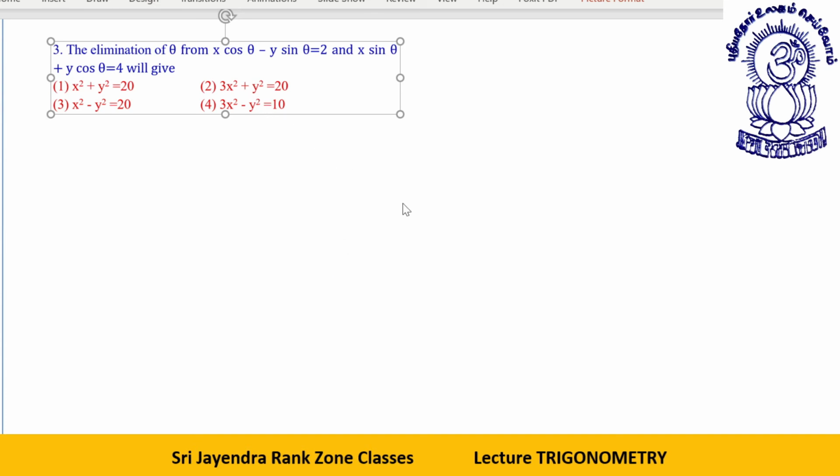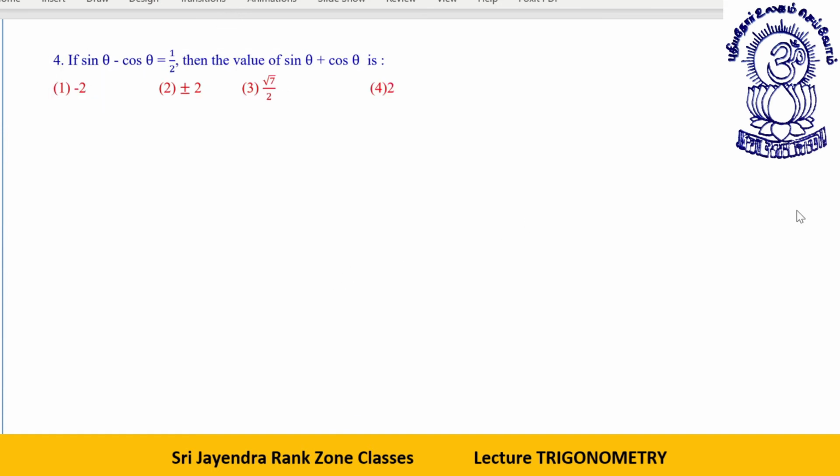We have done this, I'm sorry. Sine theta minus cos theta is equal to half. This means this is 1, this is also 1. Sine theta plus cos theta is equal to, let's say this is y. This is again 1, this is again 1.